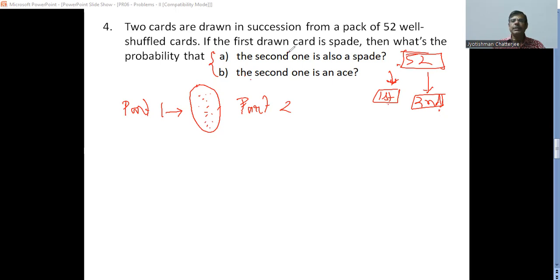So for the first question, it's enough to know after part 1, what is the configuration?